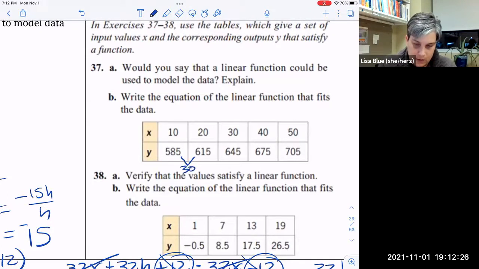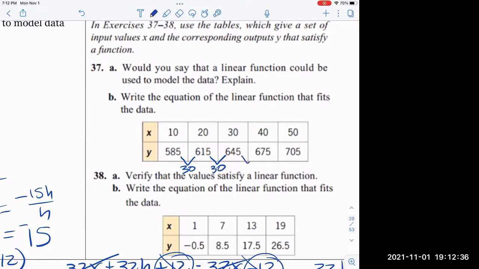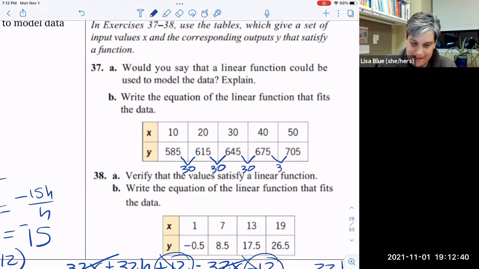Well, it's 30. Well, what about the next two outputs? What are the differences in those outputs? Well, 30. Right. And so when you see a constant, whenever you see the output differs by a constant number, we would say that this is exactly linear.